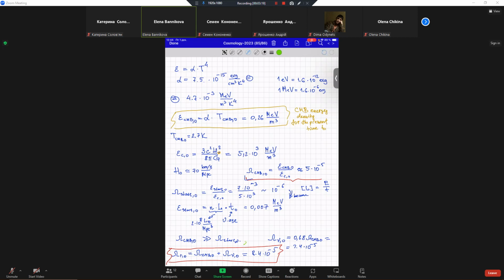So we need to put here plus omega stars 0. And we discovered it's really small, so there's no point in taking it into account.